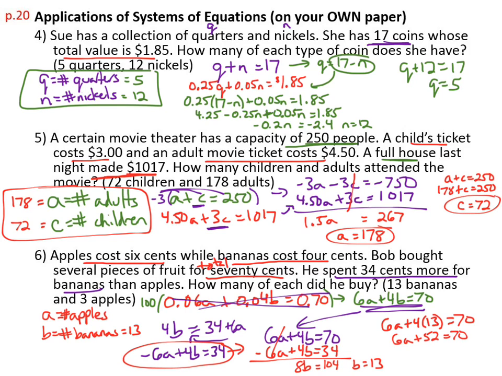Subtracting 52 from both sides leaves us with 18. Then dividing both sides by 6, we can see that A is equal to 3. That means the number of apples is equal to 3, and we can plug that into both equations and it will check out. So we have 3 apples and 13 bananas that we bought for 70 cents.